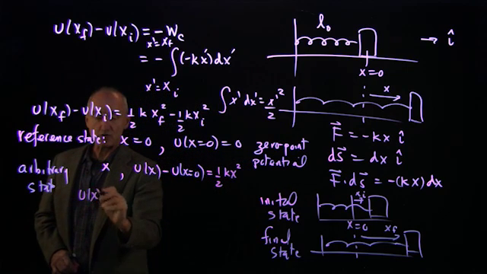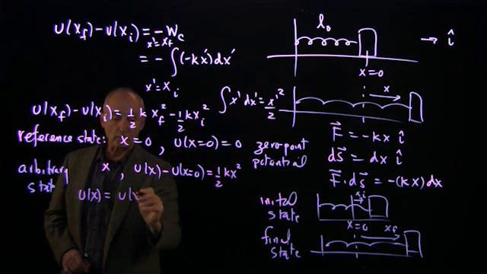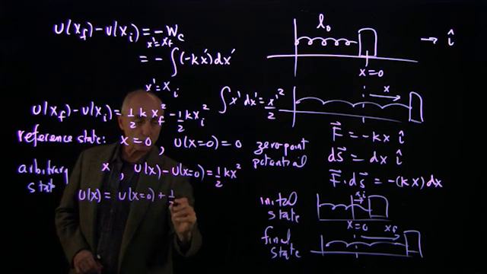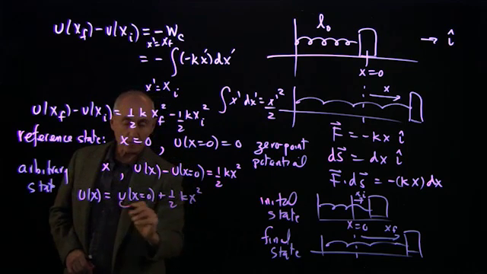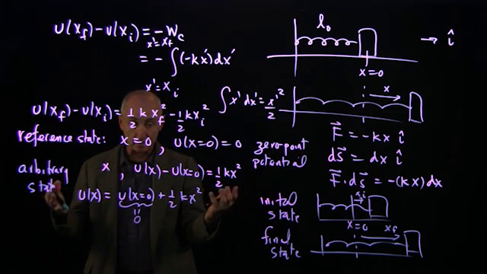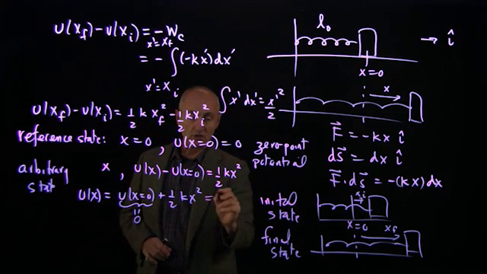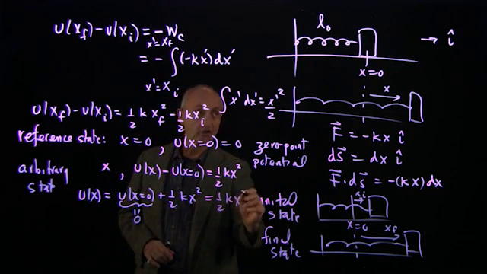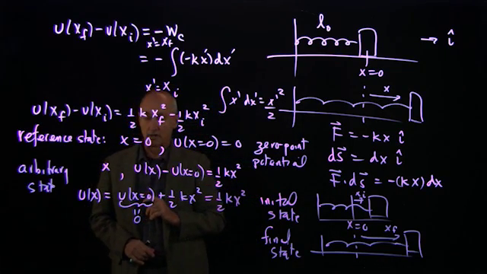So the potential energy function equals our reference potential plus one half k x squared. And we've defined our reference potential to be 0. It could have been anything, but we're making it 0 so that we get a nice function, one half k x squared.